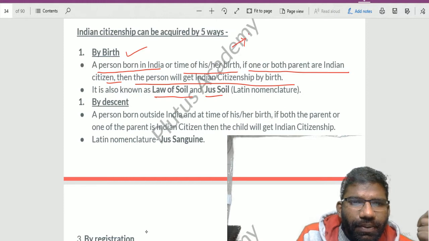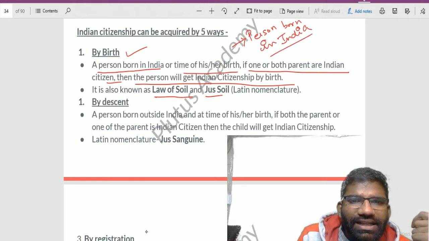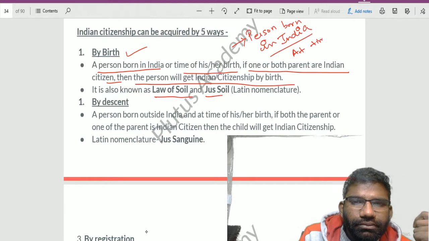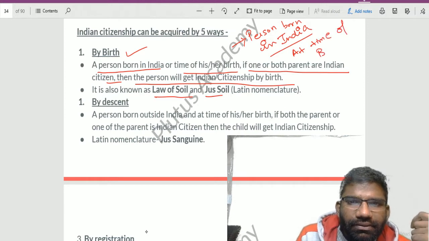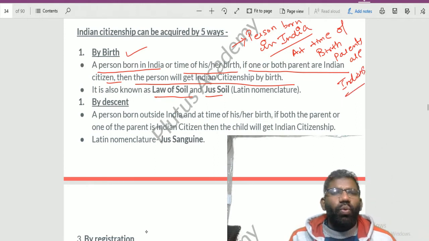That is, a person born in India, at the time of birth, whose parents are Indians, naturally gets Indian citizenship. This is number one.